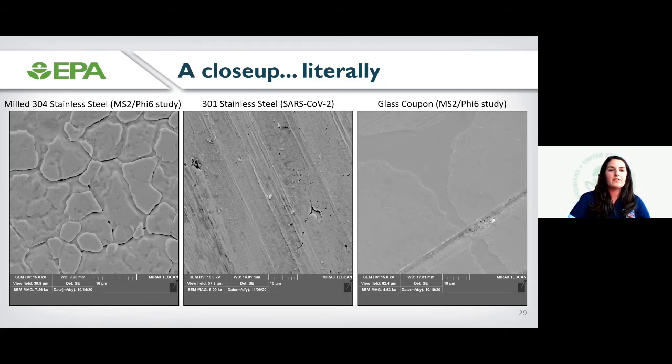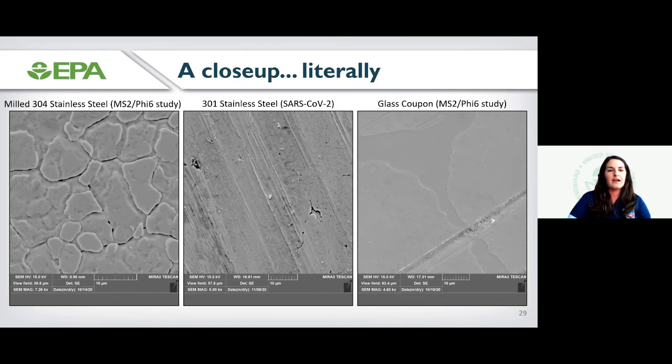On the left is an incredibly zoomed in image of the 304 milled stainless steel that we used for our MS2 and Phi-6 lab work. And on the right is a really zoomed in picture of the glass surface that we used for the MS2 and Phi-6 study.